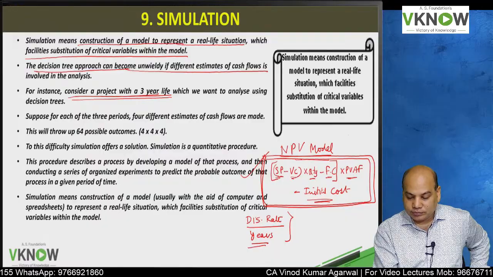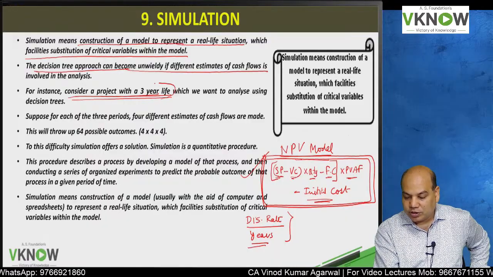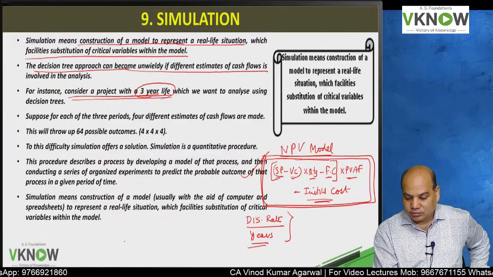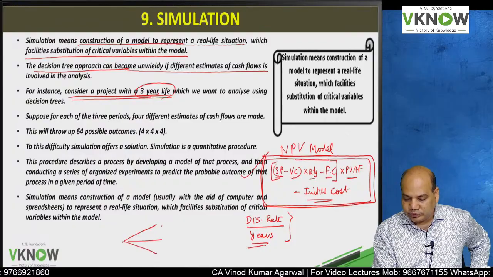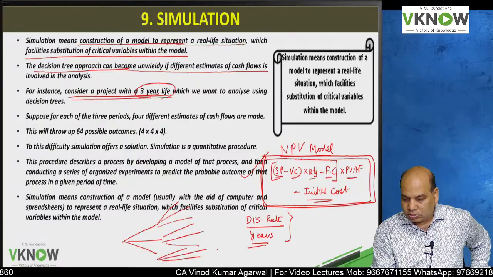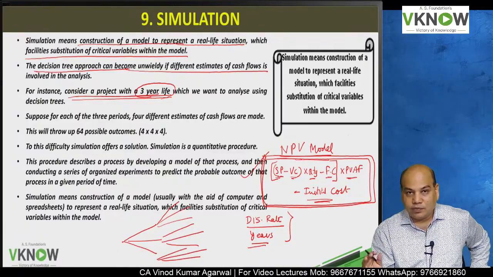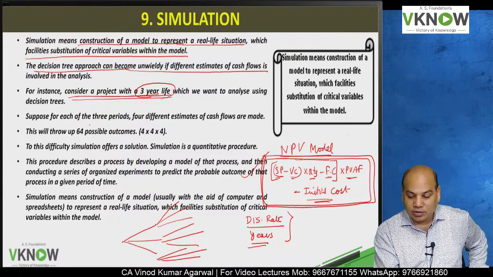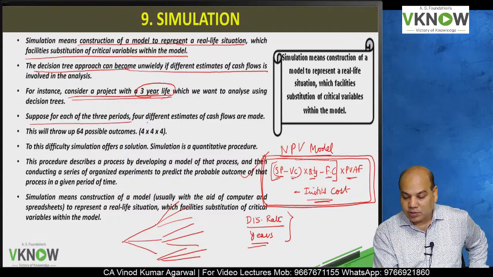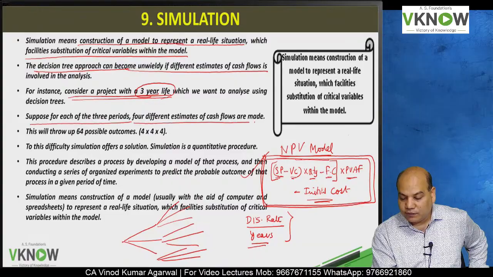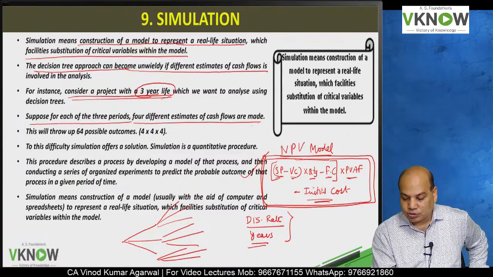For example, if the life of the project is 3 years and there are 3-4 outcomes, it will end up giving you many possibilities. Suppose for each of the 3 periods there are 4 different estimates of cash flows.